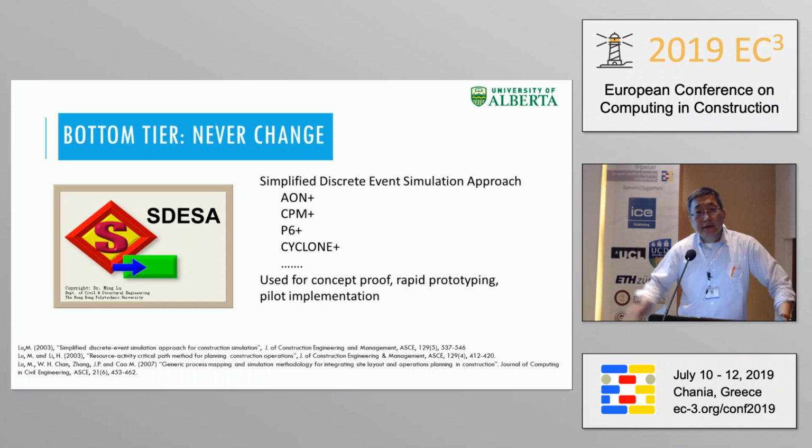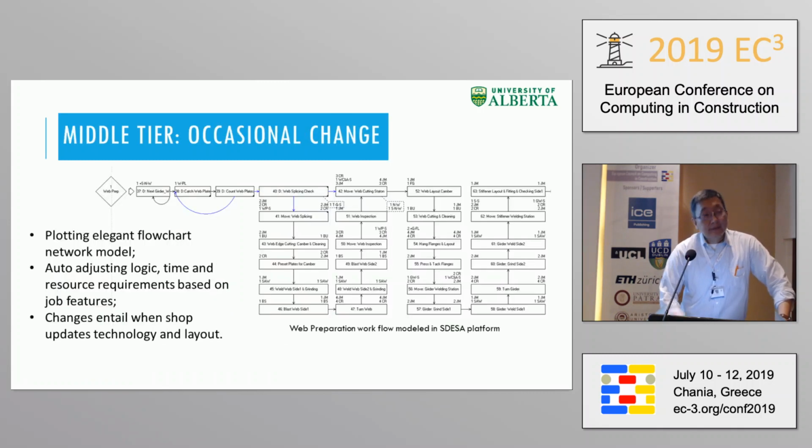This is the next generation of process planning and scheduling, okay? It has been used for a lot of concept proof, and we can even do rapid prototyping and try to implement on some real projects. The theoretical foundation work has been done almost 20 years ago and published in those ASCE journals. But today, I will just talk about the implementation of the framework in this application context.